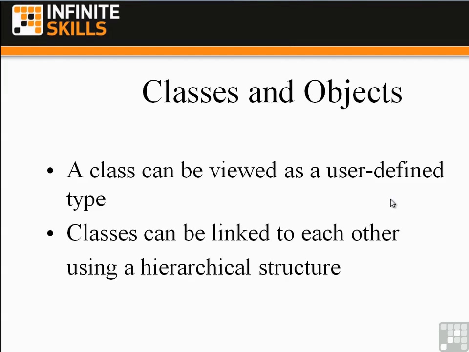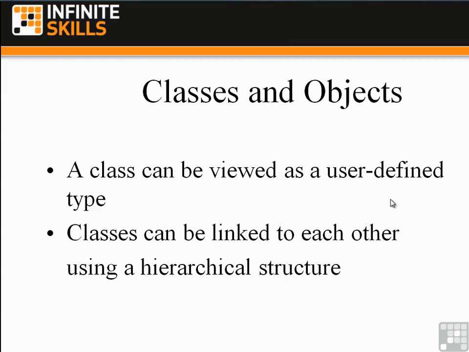Classes can be linked to each other using a hierarchical structure. So for example, if I have a top-level class, sometimes called a superclass, of employee, then underneath that employee class, I could have an hourly employee class and a manager class that inherit the common characteristics of the employee class.